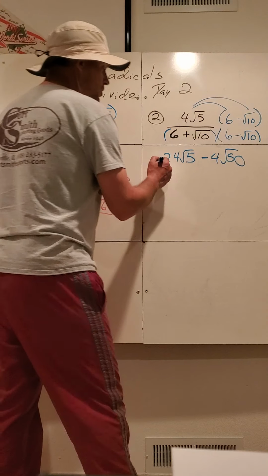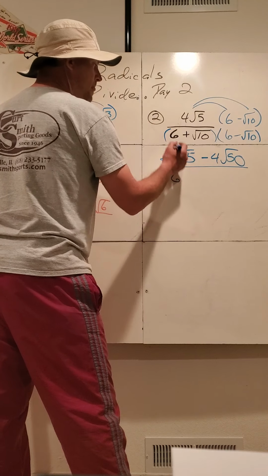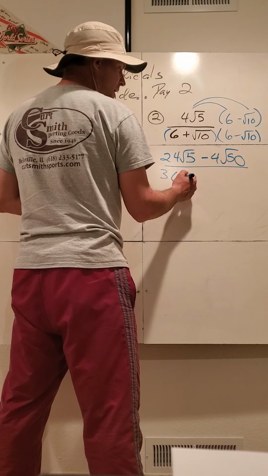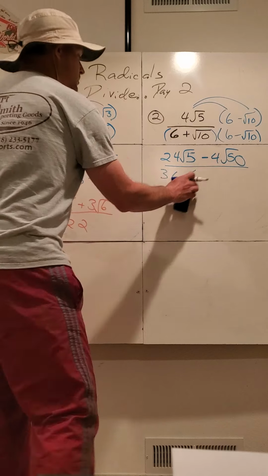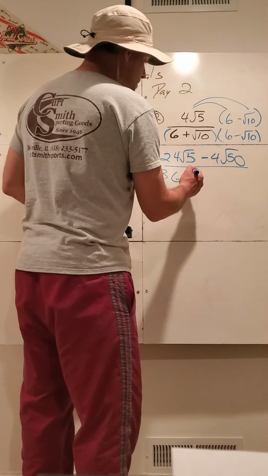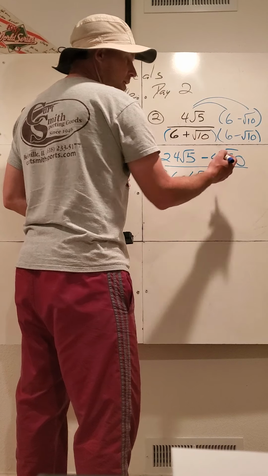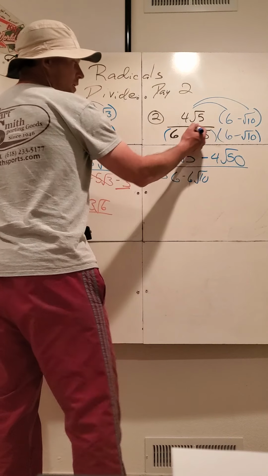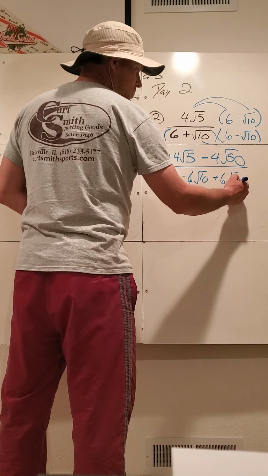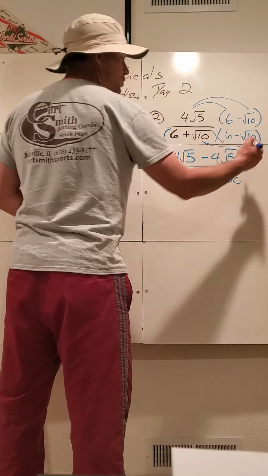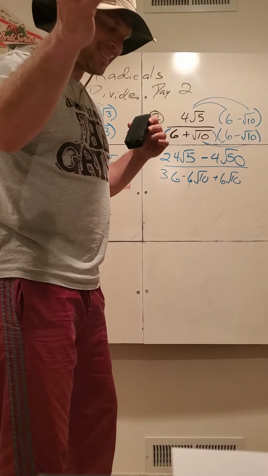Down here at the bottom, I've got, you said it, double distribution. 6 times 6. 6 times the negative square root of 10 is, I almost forgot it. You caught me. Good job. Minus 6 root 10. Here, second leg of the distribution gives me plus 6 root 10. And then square root of 10 times square root of 10 is 10.